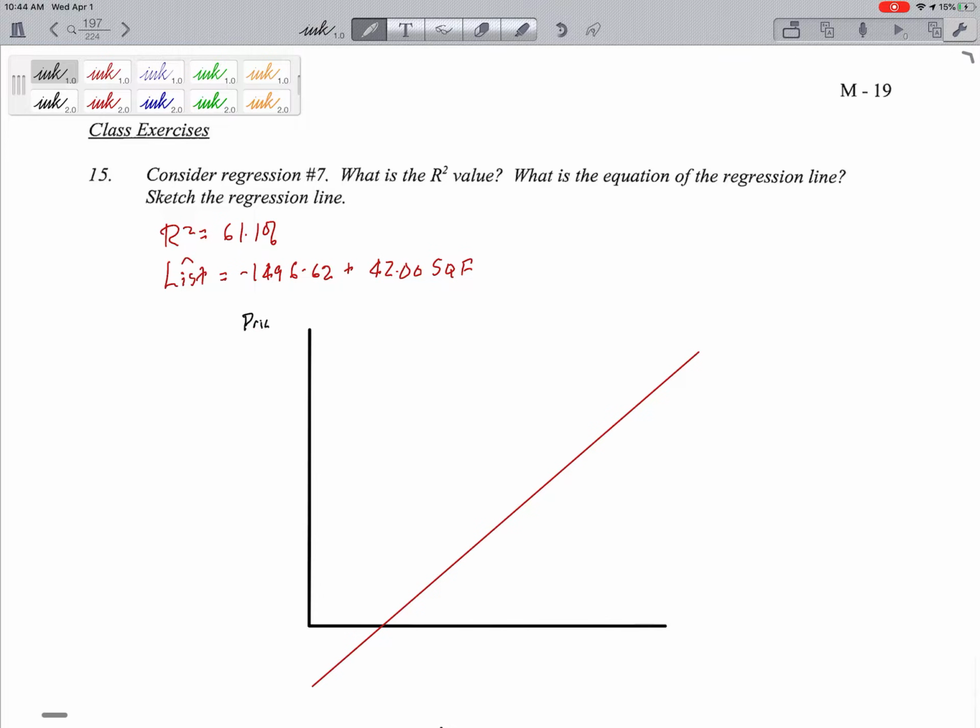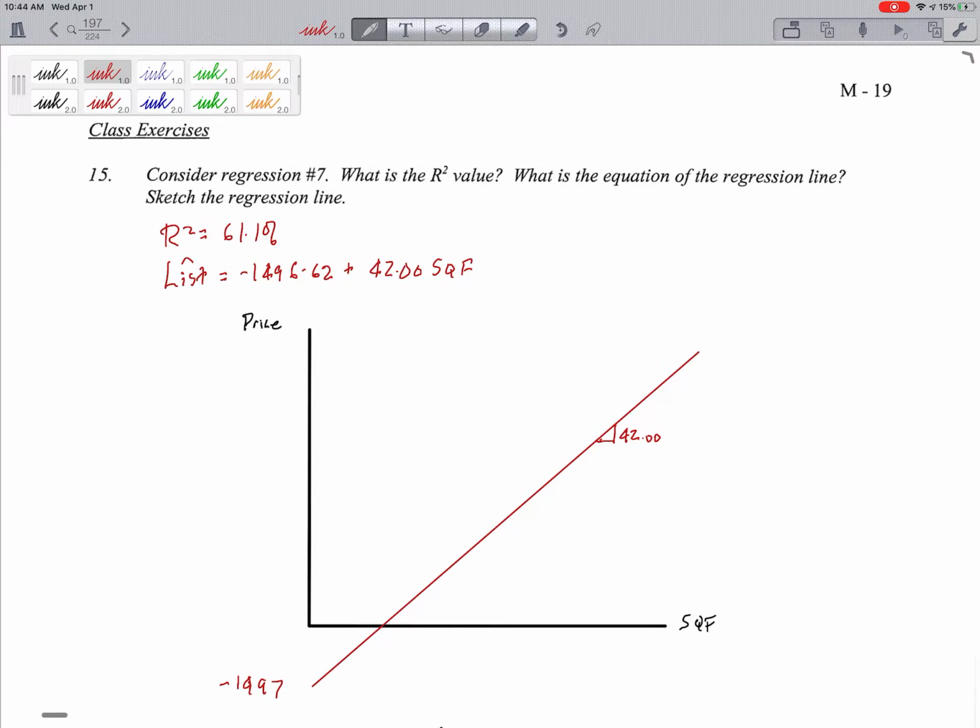Price is our y variable, and we've got the size in square feet as our x variable. And then we've got minus 1497 or so, which is our intercept. And then we've got a slope here, which is 42.00. So that's the slope of the regression line.